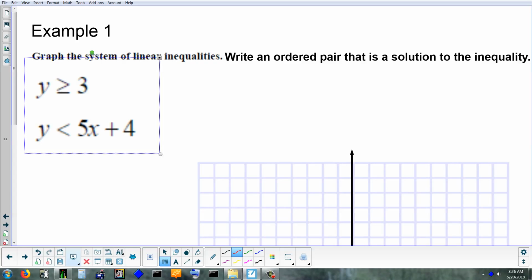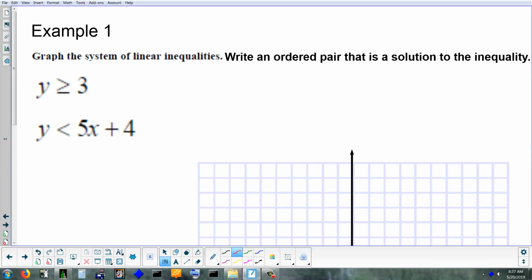So we don't have a shaded area yet, so let's start. Y is greater than or equal to 3. Regular case or special case? Special. This is special because it doesn't have the x in it. So we're not going to look for slope. We're not going to look for y-intercept. This one's special. So, how do I graph that? Look back at your notes if you need to. What kind of line is that? Eventually, yes, it's going to be a solid.